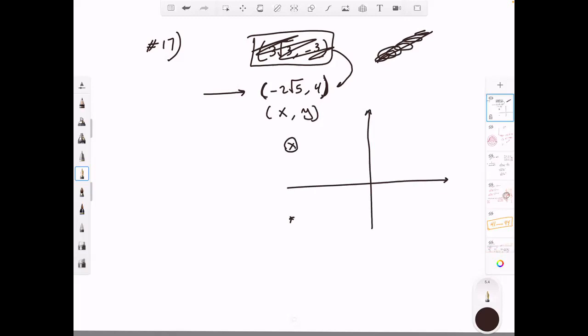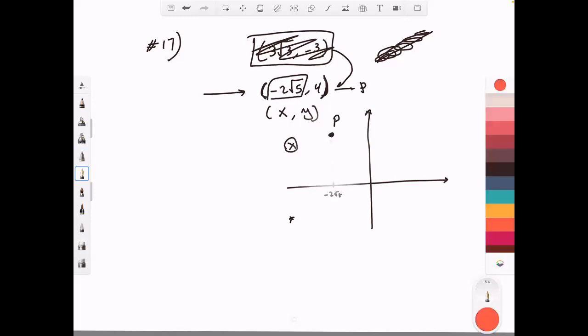So negative 2 radical 5, you don't need to find the exact position; you can just say somewhere around here. This is negative 2 root 5, and you go 4 up here, for example. Then this point will be the point we're looking for, for example, point P.